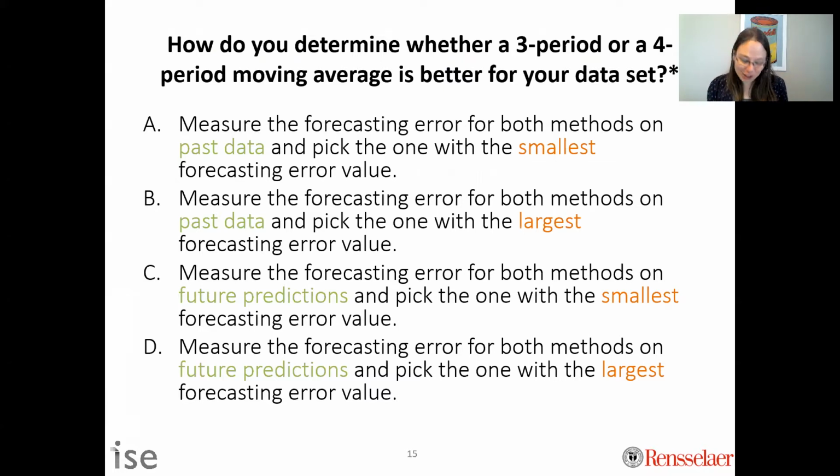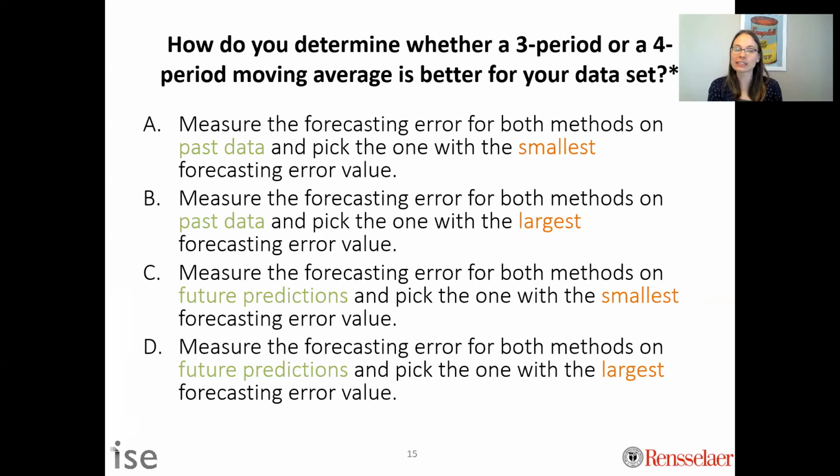So hopefully, as you've read through this, you picked A. Okay, so what does A say? It says to measure the forecasting error for both methods on past data. The key of why past data versus future predictions is you can't measure a forecasting error on future predictions because you don't have the observed data. The only way you can measure forecasting error is if you have what actually happened.